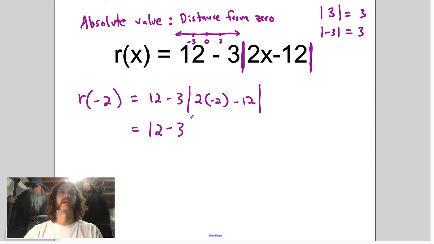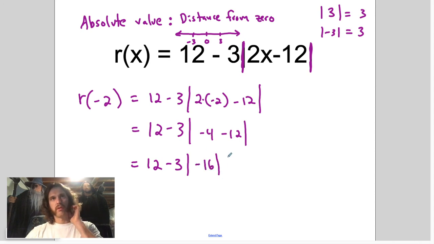12 minus 3 times, and then here we got to simplify. Multiplication has to happen before subtraction, so you'll get minus 4 minus 12. 12 minus 3 times negative 4 minus 12 is negative 16. And then the next step is to take the absolute value. We cannot multiply these yet until we answer the question, how far away is negative 16 from 0?